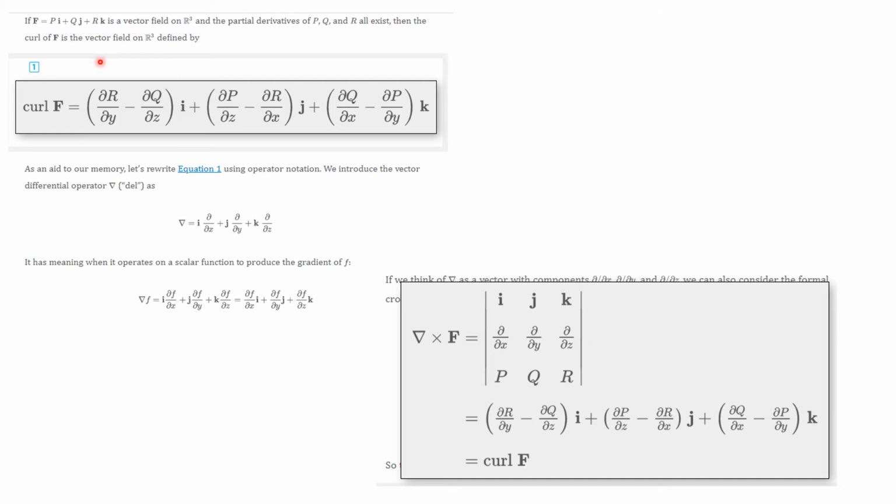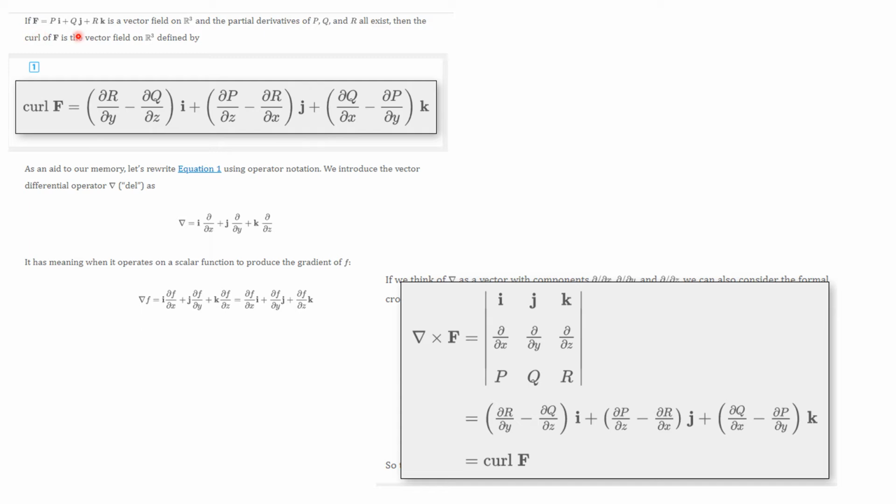We're now turning our attention to a different topic that is called the curl. This is only meaningful in three-dimensional space.